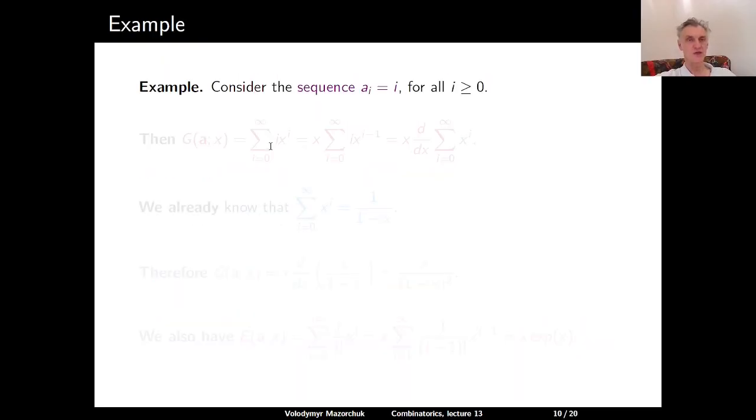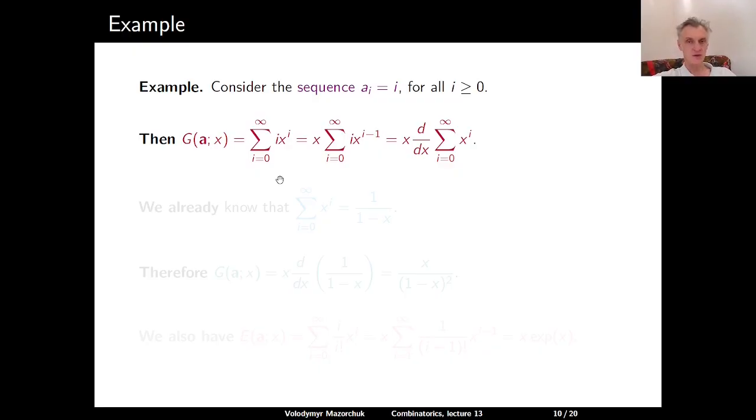Here is an example. Consider the sequence a_i equal to i for all i greater than or equal to 0. Then the ordinary generating function for this sequence is the sum over all i from 0 to infinity of i times x to the power i. We can move x out to obtain x times the sum over all i from 0 to infinity of i times x to the power i minus 1. But then we see that this sum is actually the derivative of the sum over all i from 0 to infinity of x to the power i.